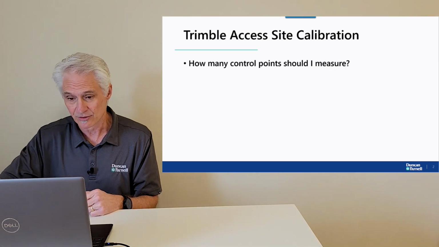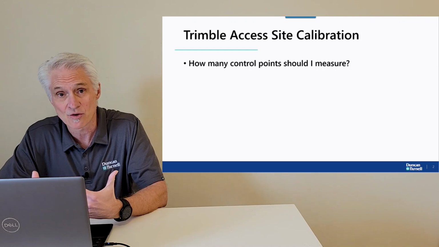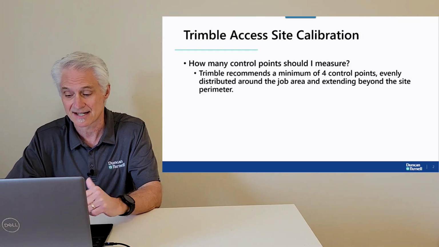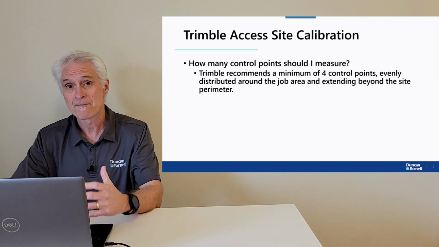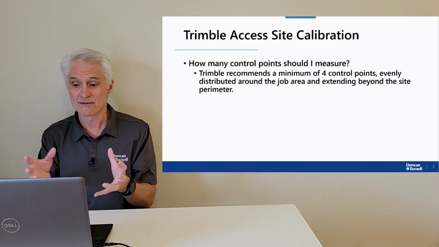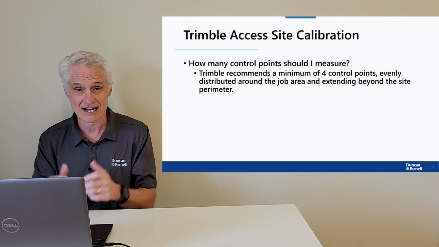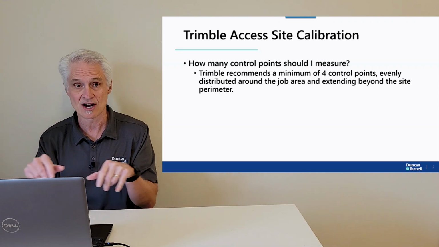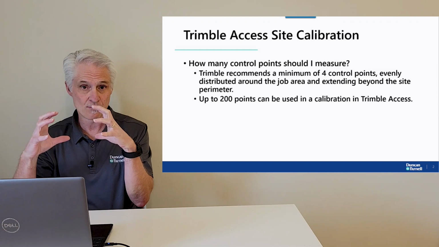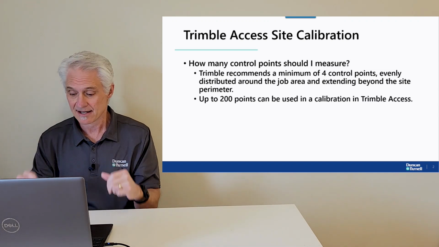So anytime you're working with a local coordinate system, that site calibration will allow you to do that. So another question that comes up, how many control points should I measure in my site calibration? Trimble recommends a minimum of 4. And those should be evenly distributed around the job area and actually extend outside the site perimeter. Okay, so you get a good geometry of a minimum of 4 points around the site.